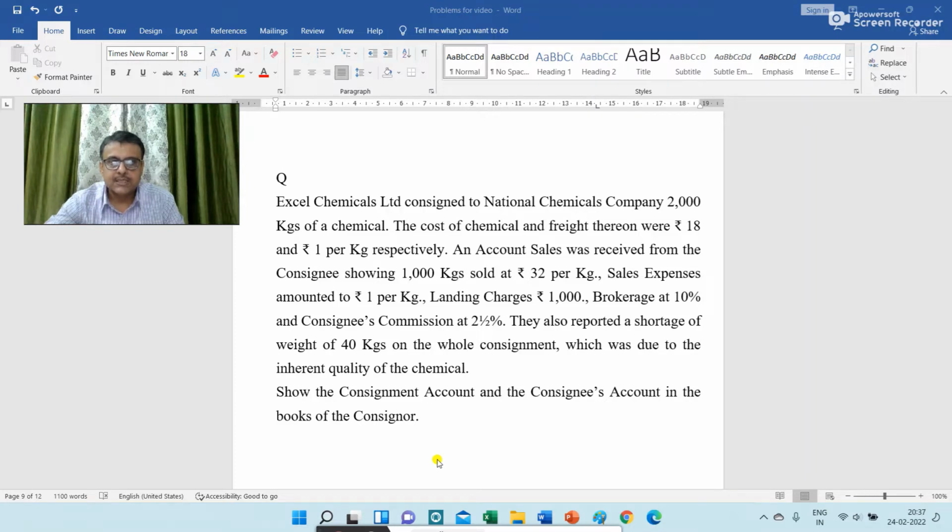Sales expenses amounted to rupee 1 per kg, landing charges rupees 1000. Brokerage at 10% and consignee's commission at 2.5%. They also reported a shortage of weight of 40 kgs on the whole consignment, which was due to the inherent quality of the chemical. So, prepare the consignment account and the consignee's account in the books of the consignor.